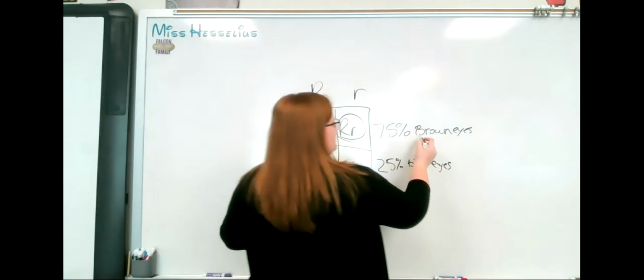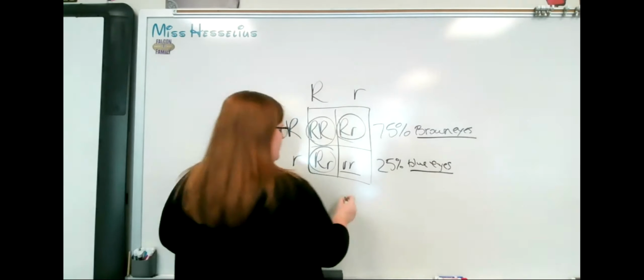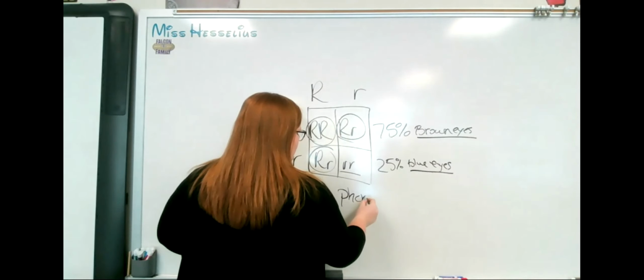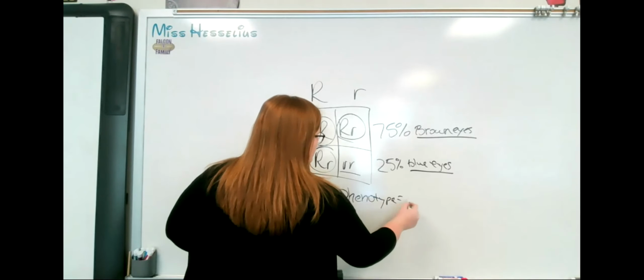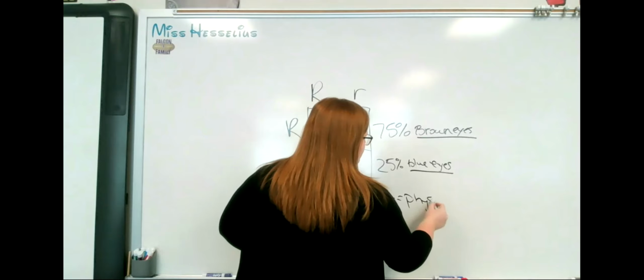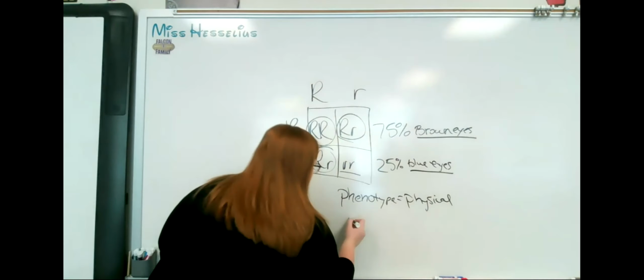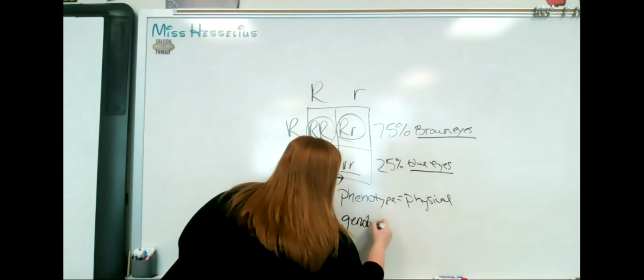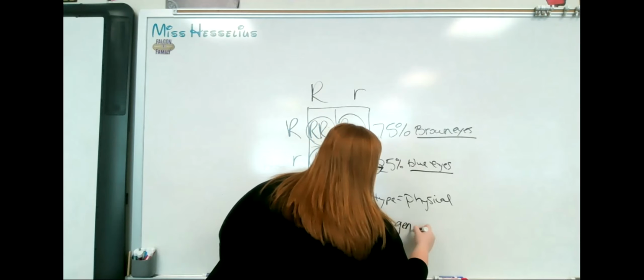The way I describe this, brown eyes and blue eyes, these are what we call phenotypes. Remember, phenotype means physical appearance, like I could physically see they either have brown eyes or blue eyes. And then genotype means their genes, or their combination of alleles.